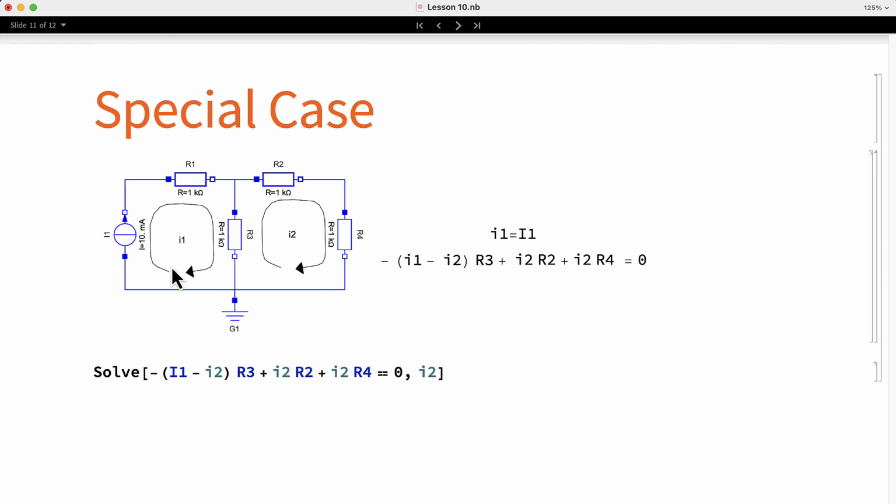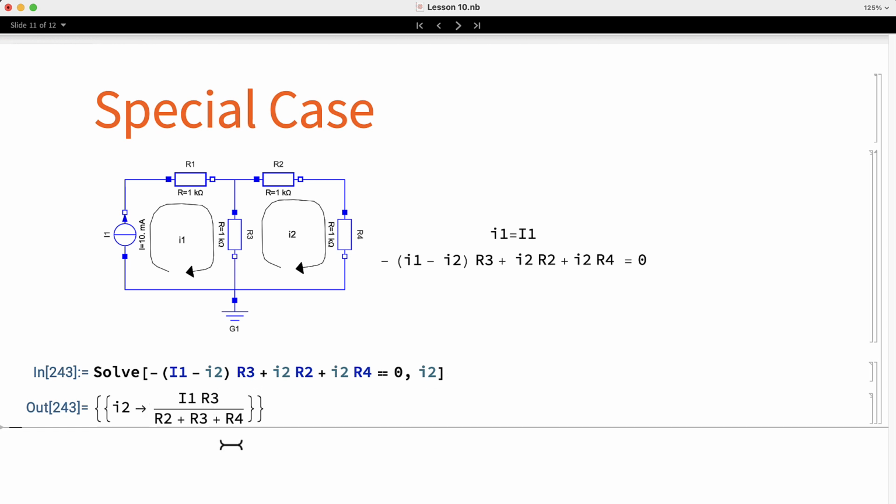We don't need to write an equation for the loop, since we already know the value of I1, which is equal to the constant current, also called I1 but uppercase. For the second loop, we do need to write the equation. If we replace the value of I1 with uppercase I1 in this equation, we have to solve only a single variable. And this is the symbolic result.